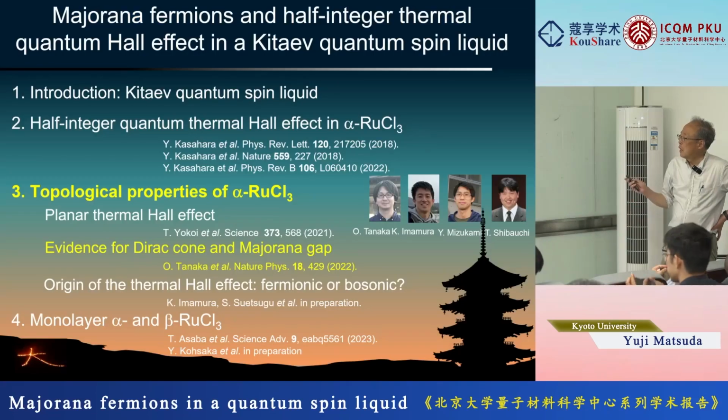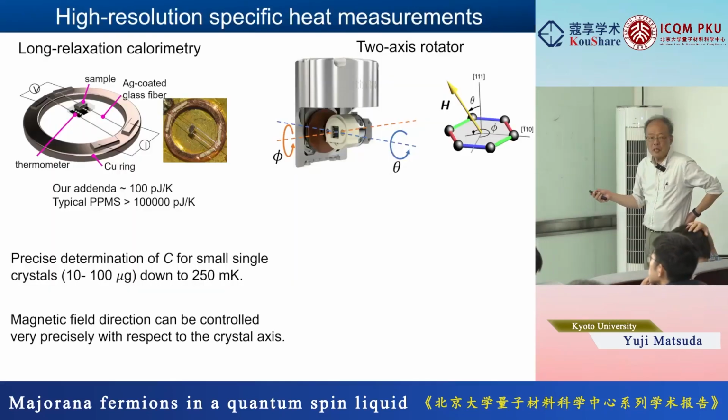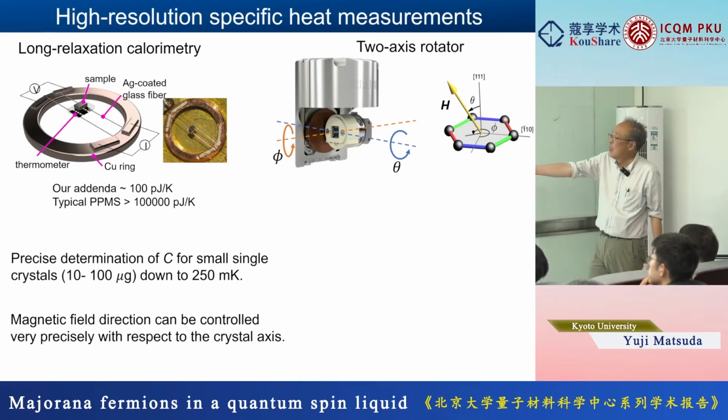Next, let me discuss thermodynamic evidence of the Dirac cone and Majorana gap. The measurement was done by Takashi Taguchi's group, University of Tokyo. To measure the specific heat of a very tiny crystal, we used a long-relaxation calorimetry technique.